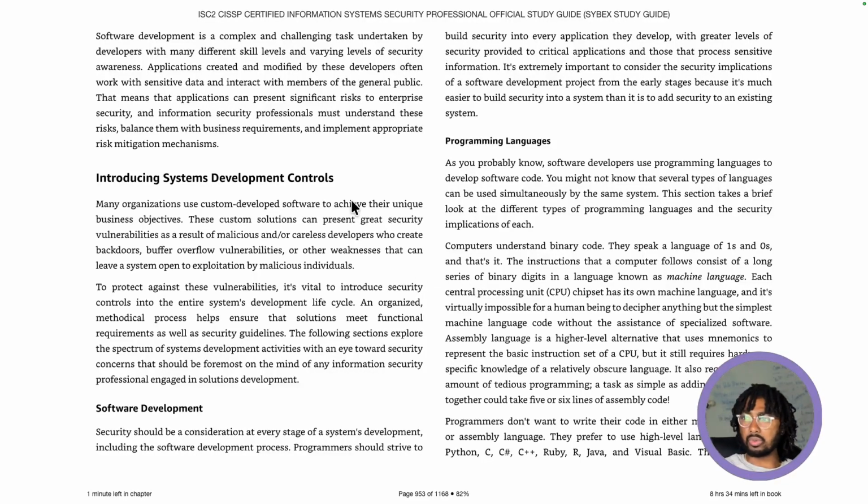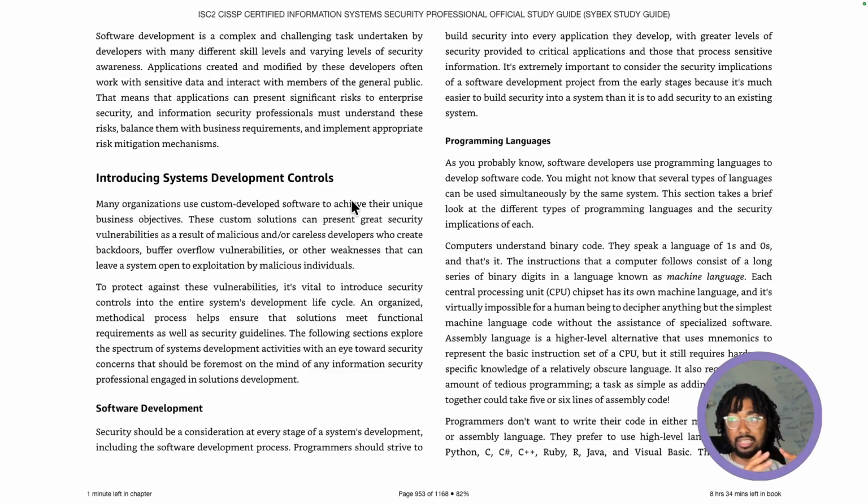As you probably know, software developers use programming languages to develop software code. You might not know that several types of languages can be used simultaneously by the same system. This section takes a brief look at the different types of programming languages and the security implications of each. Computers understand binary code. They speak a language of ones and zeros, and that's it.